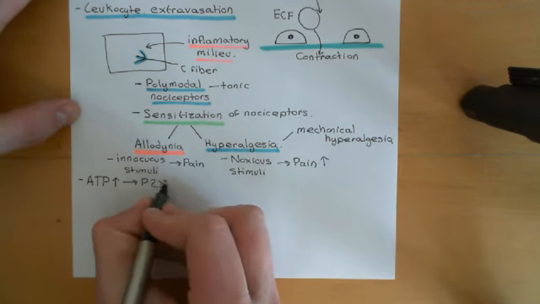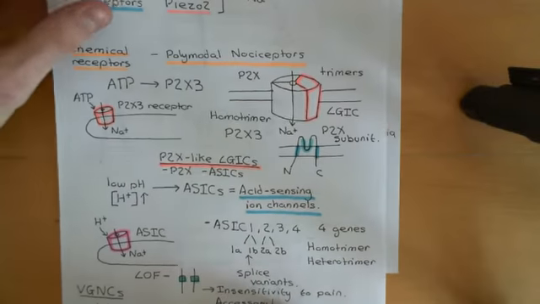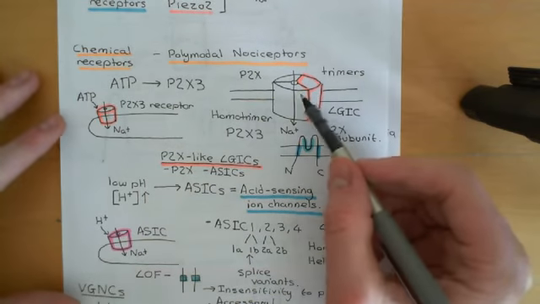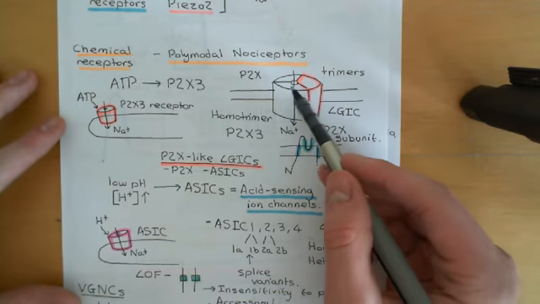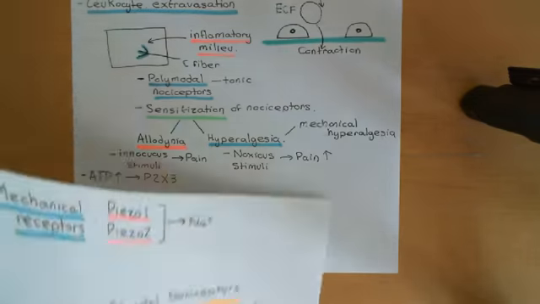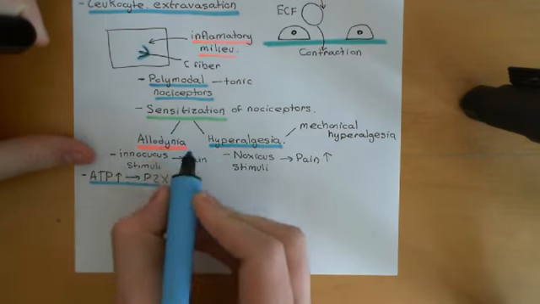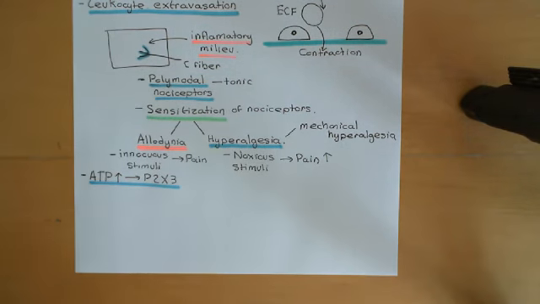Here is our trimer, and the P2X3 receptor was made up of 3 separate P2X3 subunits. Remember it responded to ATP; it was an ATP-gated ion channel. So that is going to activate these polymodal nociceptors and cause them to fire action potentials. That's one of the things that is partially going to underlie the tonic firing of the polymodal nociceptors.